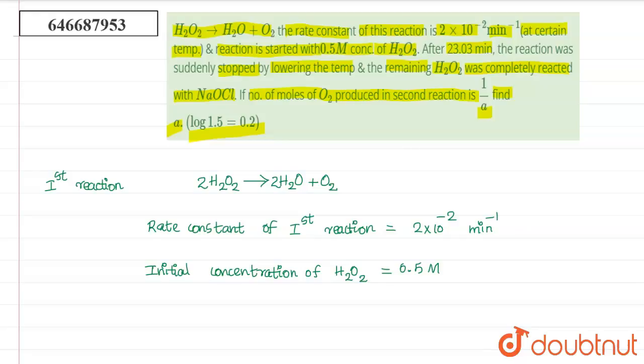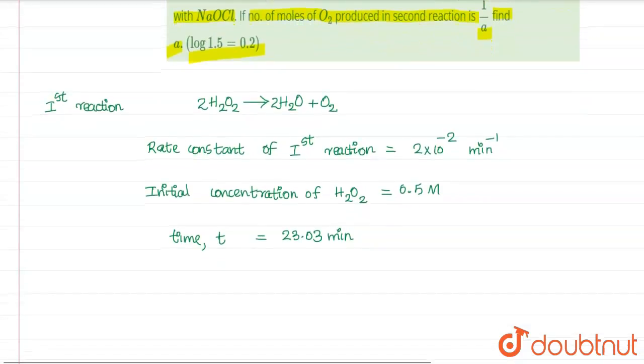Now what's happening after 23.03 minutes? Okay, so time T for the first chemical reaction is equal to 23.03 minute. The reaction was suddenly stopped. Hence, we can write the equation for rate constant of the first reaction. From the unit of rate constant, we can understand that this is a first order reaction.